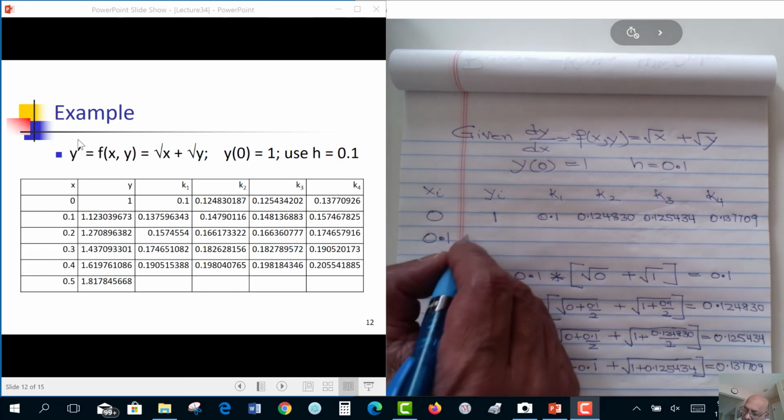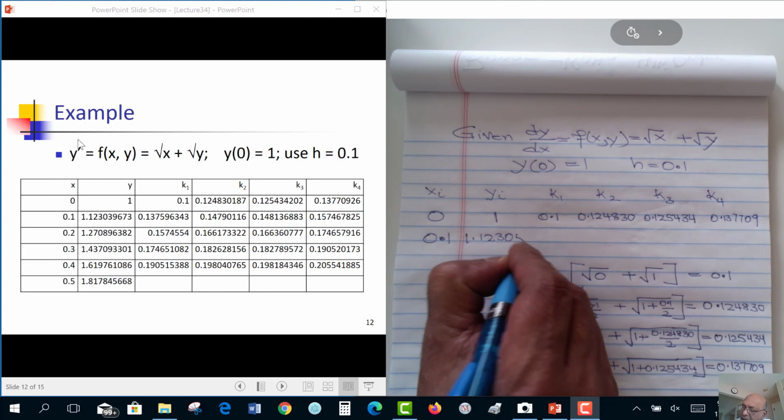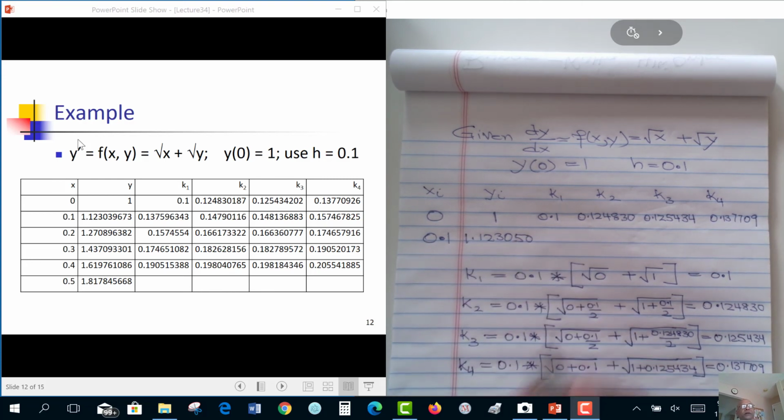So we will get 1.1230, and I'm going to round this up to 50. Did I do it right?